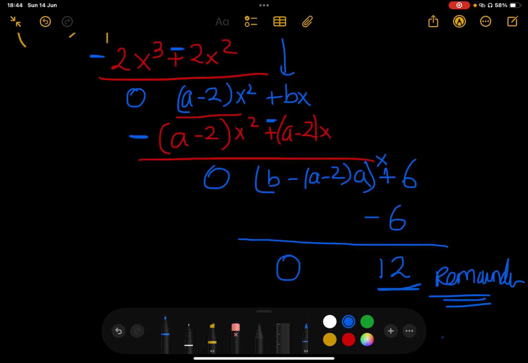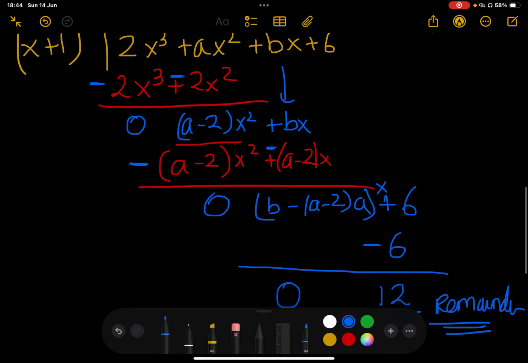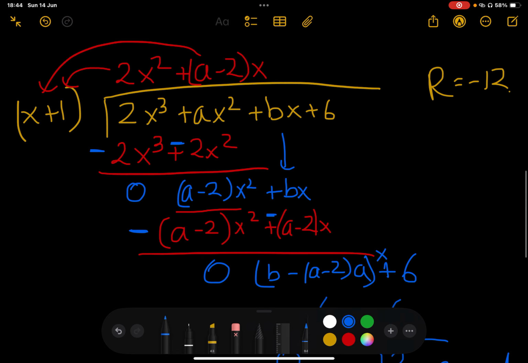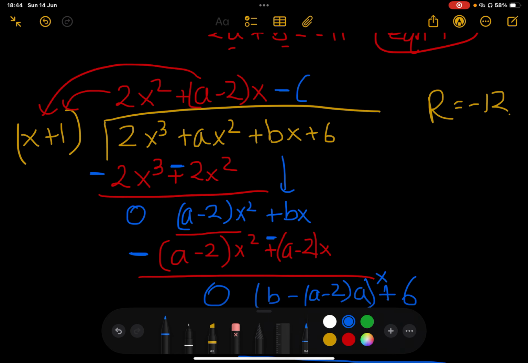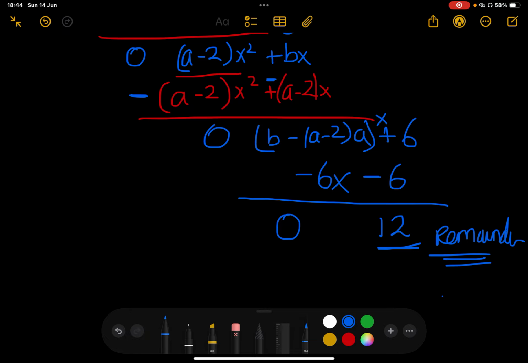So it means originally it should be a minus 6. And so to get a minus 6, it must be a minus 6x here. So here we should put a minus 6. Should give us 12. Right, because now when we change the sign, plus, this will give us 12, and then this should give us 0.